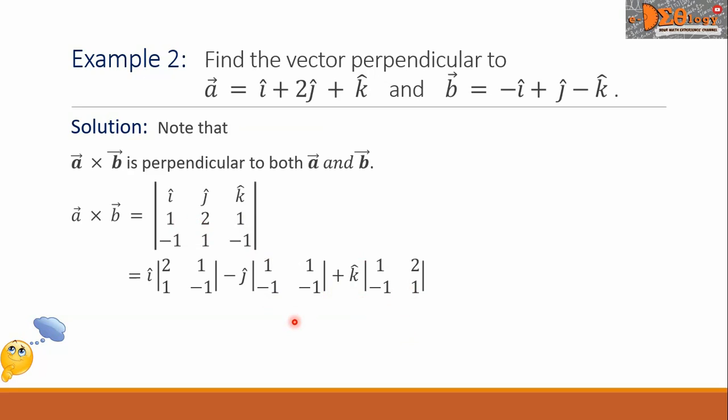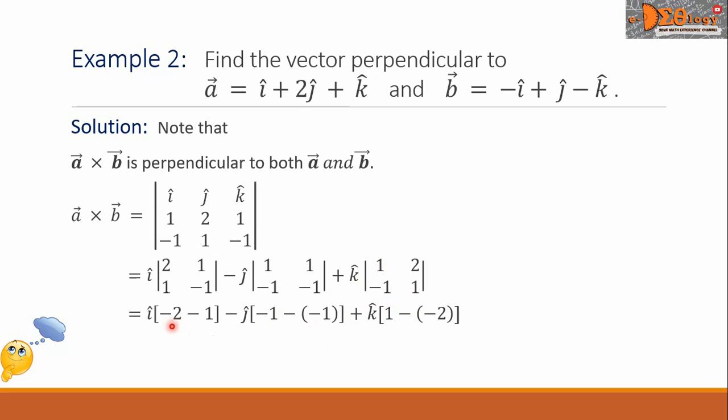Let us now evaluate the corresponding determinants. For the i, we have 2 times negative 1, negative 2, minus 1 times 1 is 1. Then minus element j: 1 times negative 1 is negative 1, minus negative 1 times 1 is negative 1. Then plus the element k: 1 times 1 is 1 minus negative 1 times 2, negative 2.